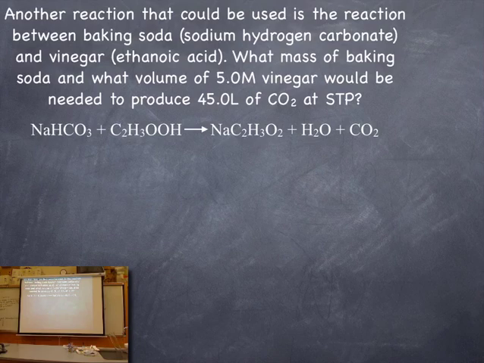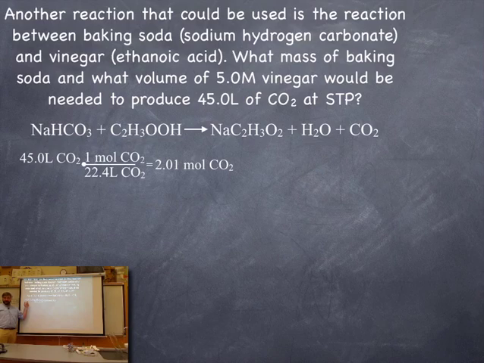All right. So we need to keep going. So let's walk through this a little bit. Step one, we were going to find the moles of carbon dioxide. 45 liters, 1 mole, 22.4 liters, right? That's what I just taught you. This is the only new stuff for this problem, really.